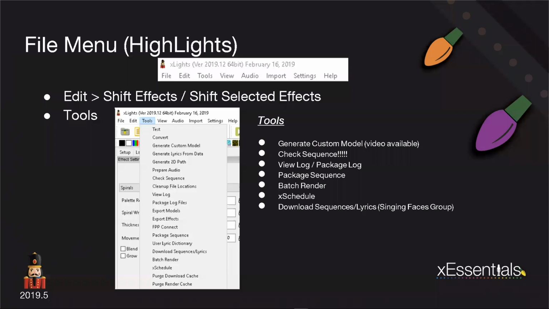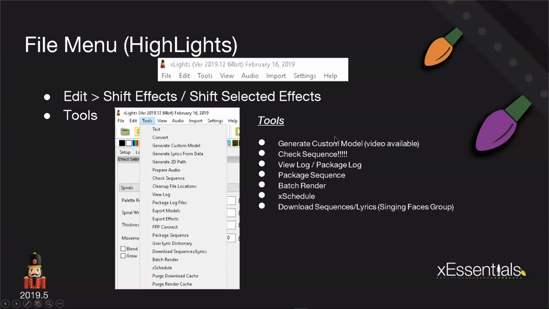So recently, a lot of folks can go through, if you are an LOR convert, you have converted your sequence into an LOR. You've exported it or converted it into an LOR format. That's what the convert is for.